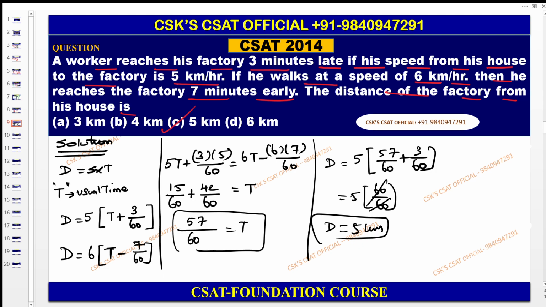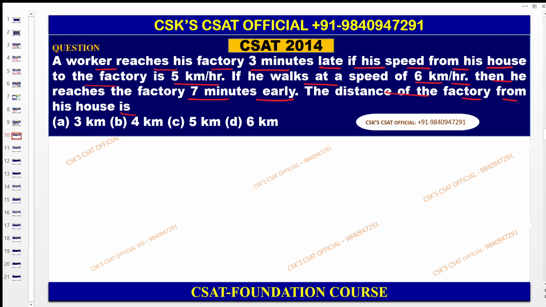And I am teaching you another method. Listen very carefully. These methods help you if you remember these things in the examination. So method 2. Find out the time gap here. Time gap.